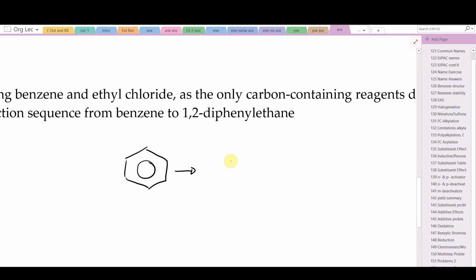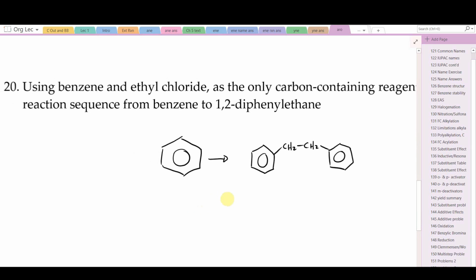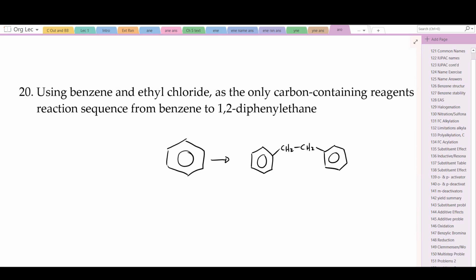Now, diphenylethane. Similar to the last problem. This time we can use benzene and ethyl chloride. Well, let's start by adding the ethyl group to the benzene in a Friedel-Crafts alkylation reaction that builds some of the structure that we're looking for.